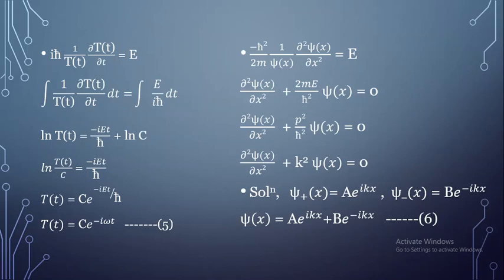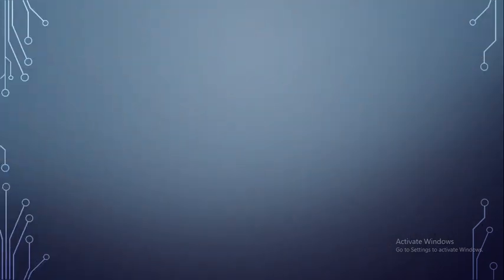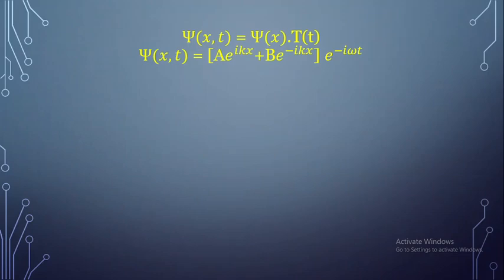When we club equation number 5 and equation number 6, we get the eigenfunction for a free particle, which is nothing but capital Ξ(x,t) equal to a exponential of ikx plus b exponential of minus ikx, into the time dependent term, exponential of minus iωt.